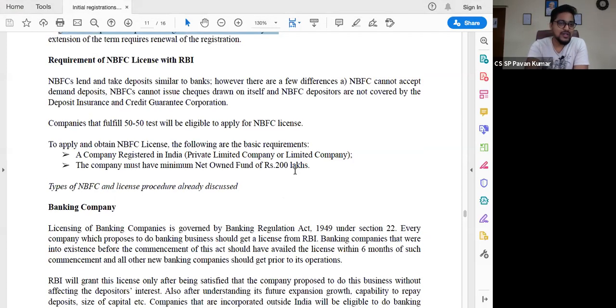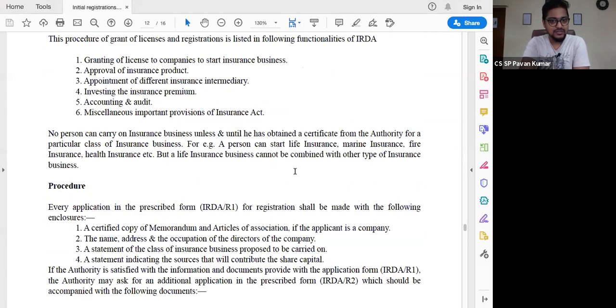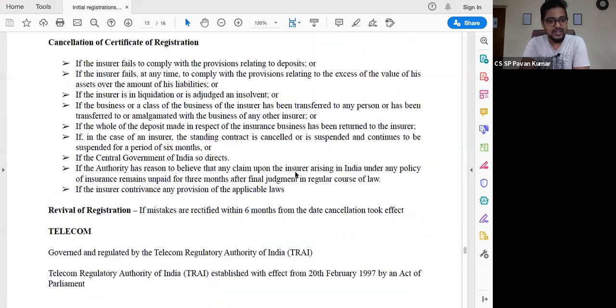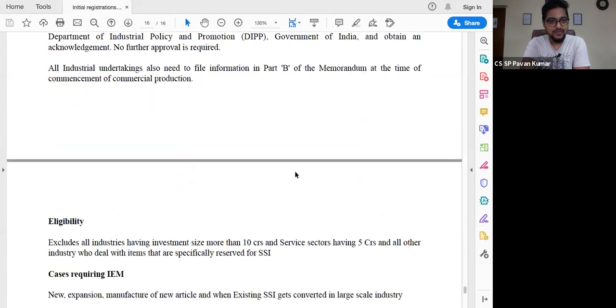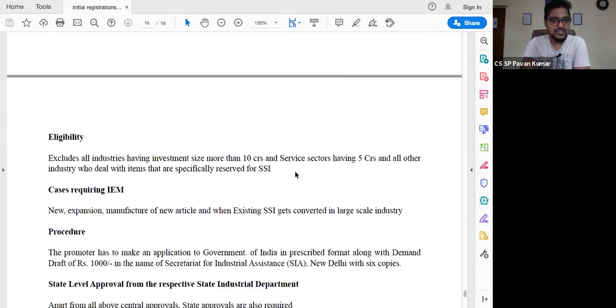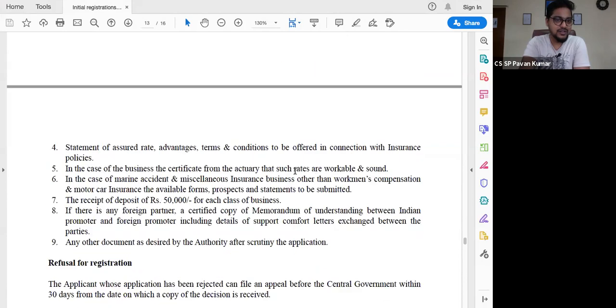So going to the next one, requirements for NBFC license with RBI. Okay, I would just like to pause for 1-2 minutes, and then we'll continue. If I keep talking continuously, so much is still left for this chapter to get completed. This is the biggest chapter in your study material.